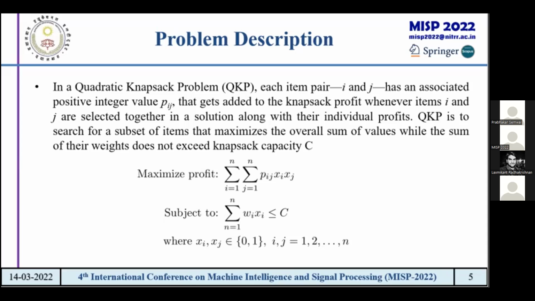So that's why I'm saying their corresponding values. Sorry, ma'am, I couldn't hear you. Selecting items from that ith and jth part, so you are saying it's extra profit, correct? Yes, the item pair values, extra values.